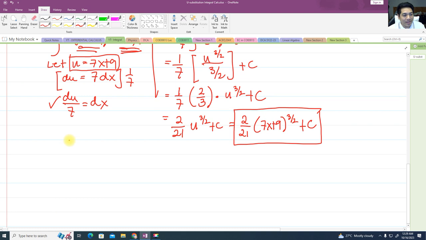For that I have prepared, I think, 10 questions. Going on to number 4, we have x cubed over (1 plus x raised to 4) raised to 1/3.